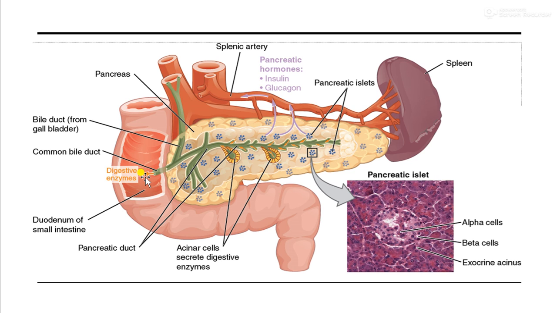Then cholecystokinin is released from cells of the lining of the duodenum and jejunum, mostly in response to long chain fatty acids, and increases the effect of secretin.